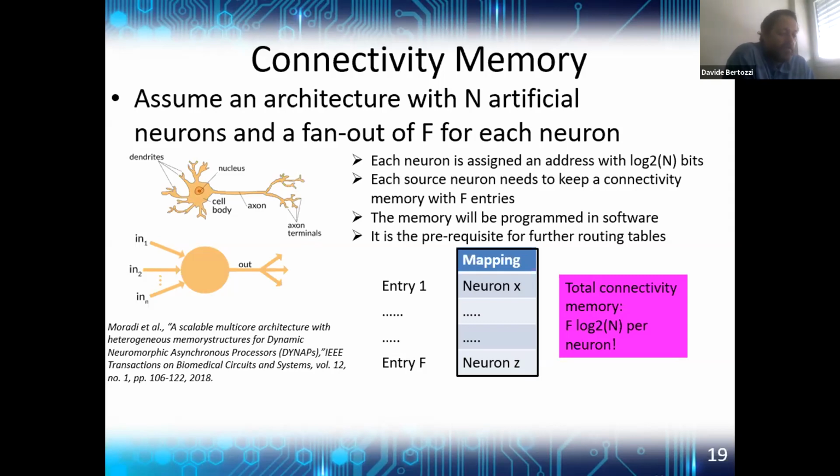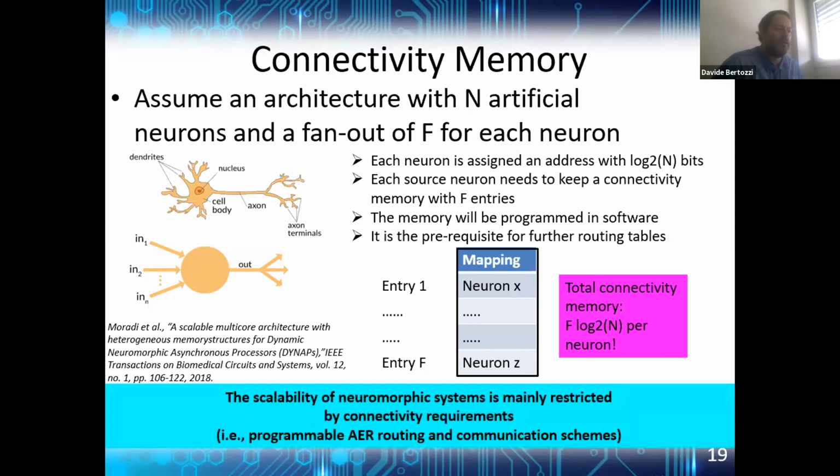And this holds for most of the real and artificial neural networks. So the point here is that we need connectivity tables to program the connectivity of our target spiky neural network into the system, and it takes quite a lot of memory.